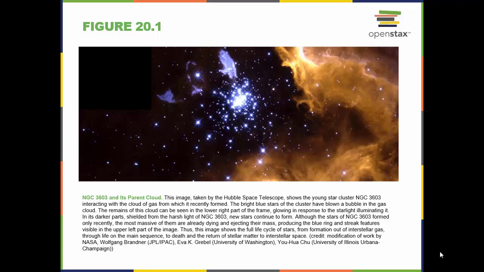Thus the image shows the full cycle of life of a star: the formation from interstellar gas, through the life on the main sequence, to the death and the return of stellar matter to interstellar space.